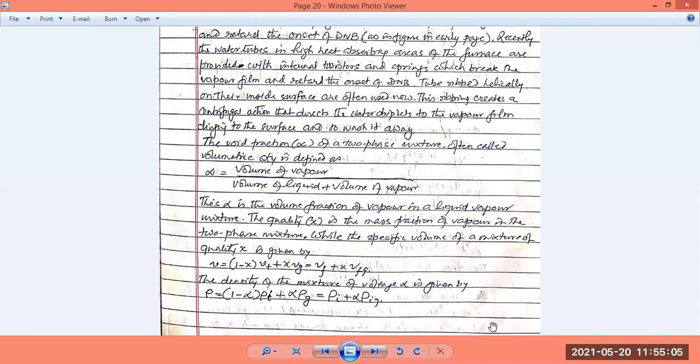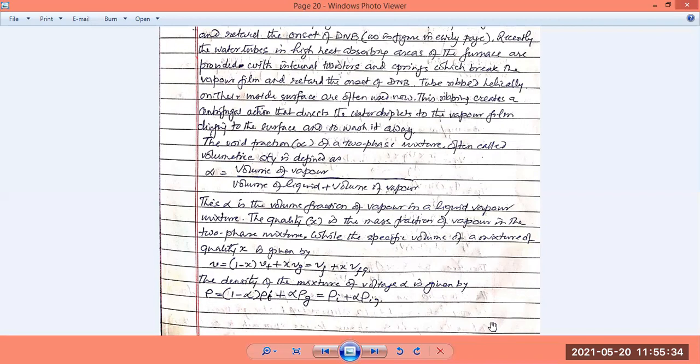If you multiply it with the specific volume, volume per unit mass, you get the vapor part, and 1 minus X is the fraction of the water, multiplied by Vf, the specific volume of the fluid itself. So Vf is equal to X into Vfg.